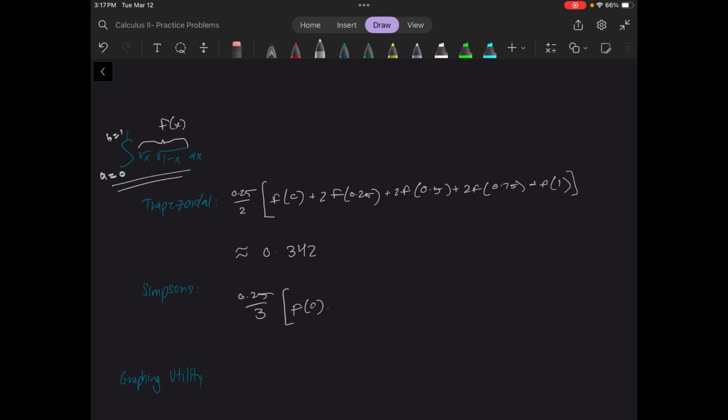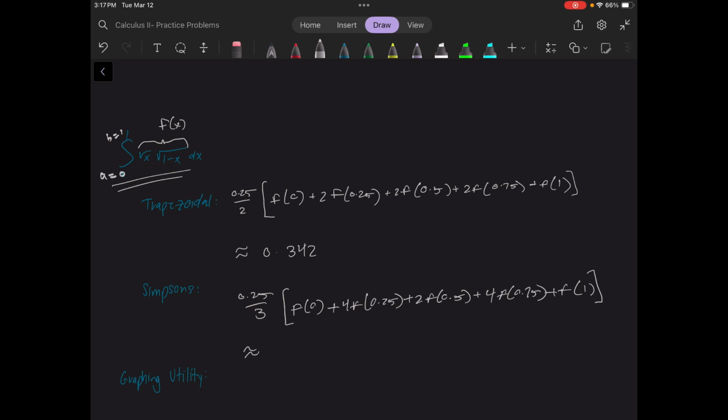We still have everything else except this coefficient, and this coefficient will change to a 4. So now we have 4f of 0.25, 2f of 0.5, 4f of 0.75, and still that f of 1, right?